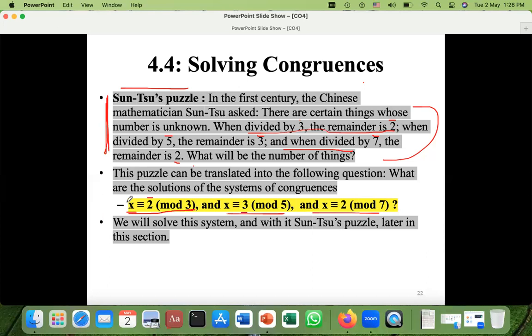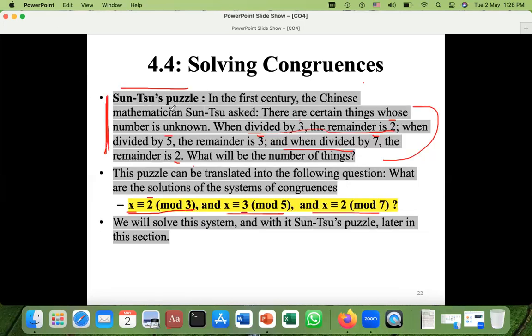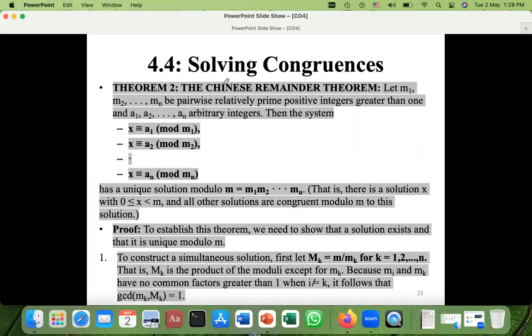So we will inshallah solve this Sun Tzu puzzle later. But before that, we have to see a theorem, because this theorem will help you to solve that Sun Tzu puzzle. And this theorem is called Chinese remainder theorem.